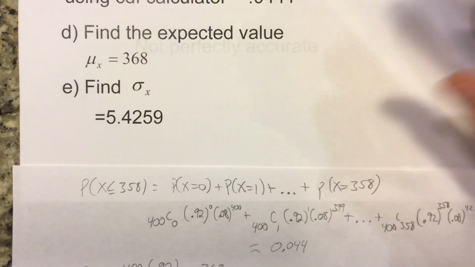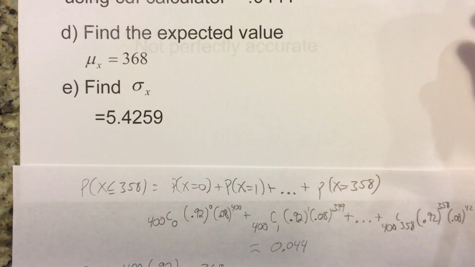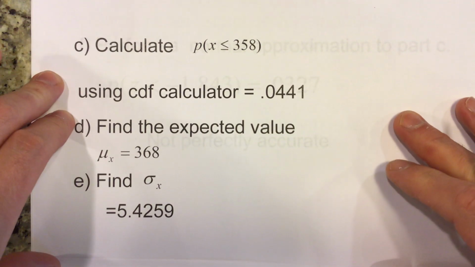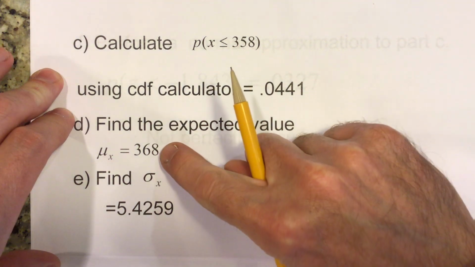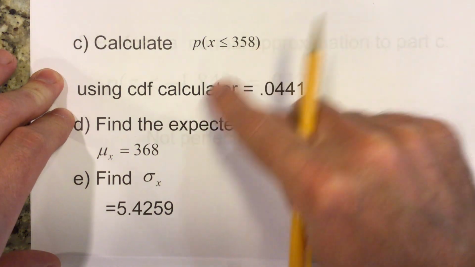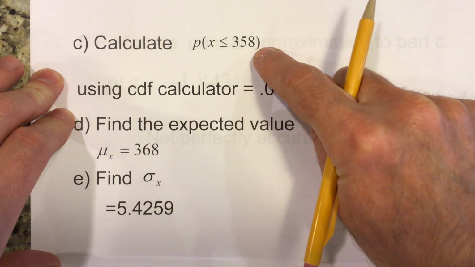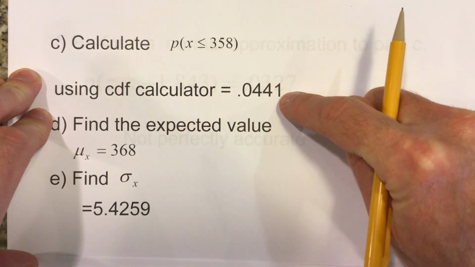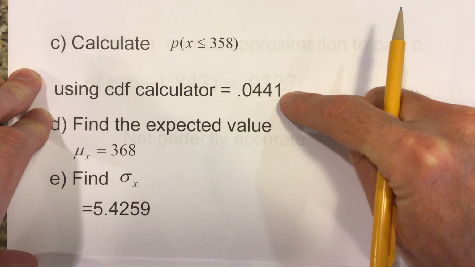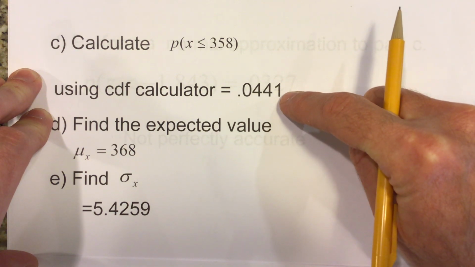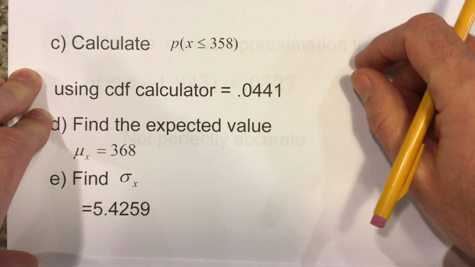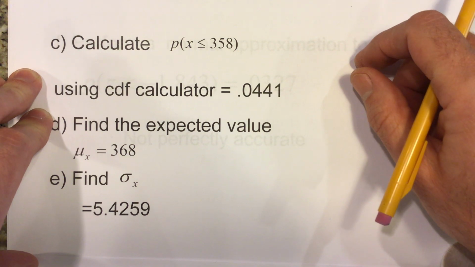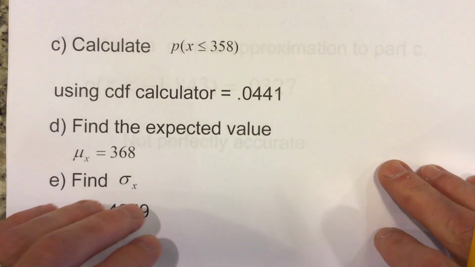Now it should start to make sense. So let's back up here, right? We're roughly 2 standard deviations below the mean. Does it make sense that about 4% of the data would land 2 standard deviations below the mean or less? Yeah. So what we're actually doing here is what we call a normal approximation.